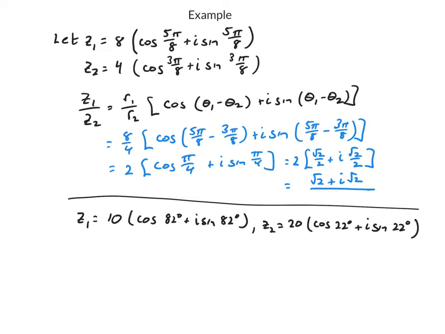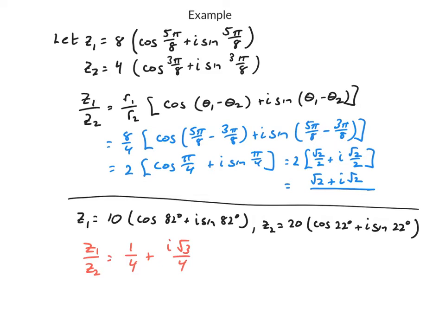Welcome back. On this particular problem, what you should have come up with is that Z1 over Z2 comes out to be 1/4 plus i times the square root of 3 over 4.